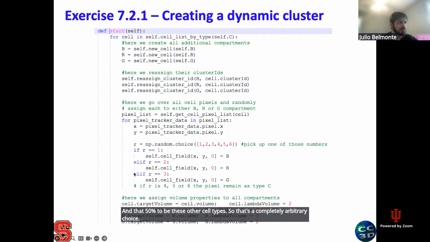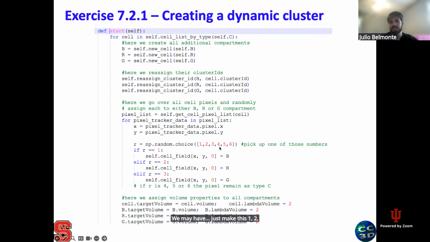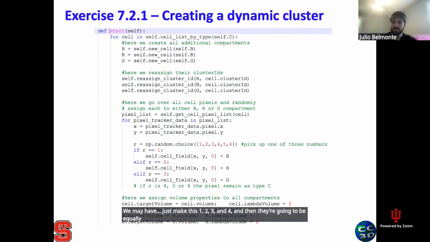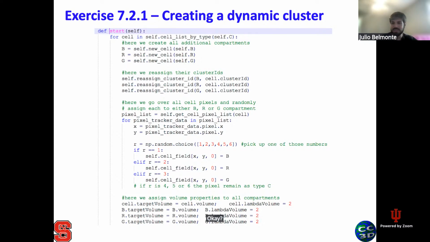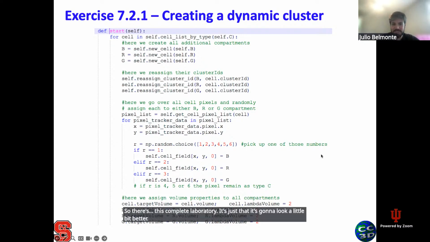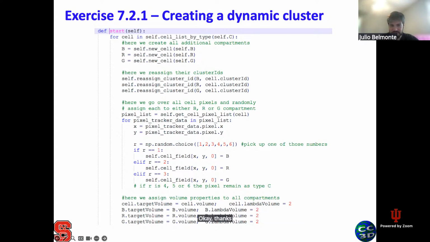We could have made this 1, 2, 3, and 4, and then they would be equally divided. Or I could have increased one of the populations if I wanted. So this is completely arbitrary. It's just that it's going to look a little bit better. Okay, thanks for the question. Yes, I'm only changing 50% of the pixels.